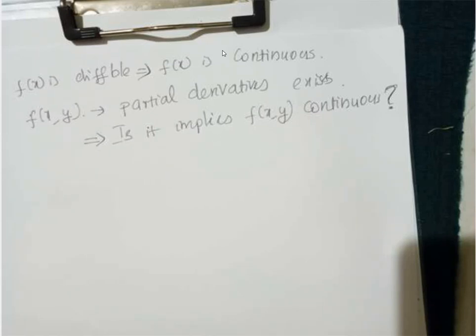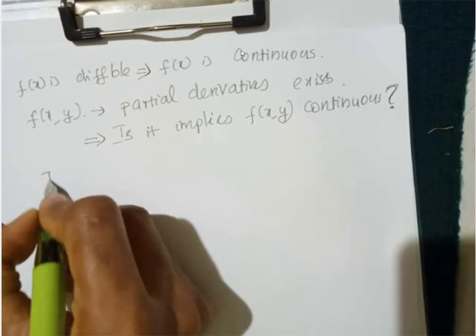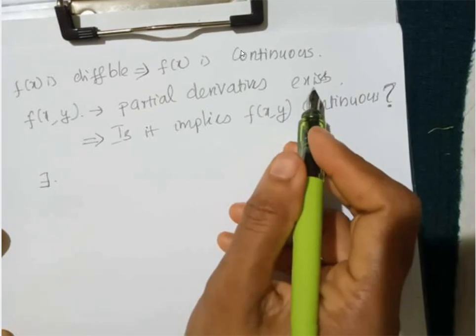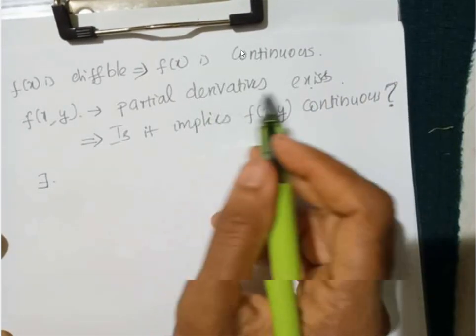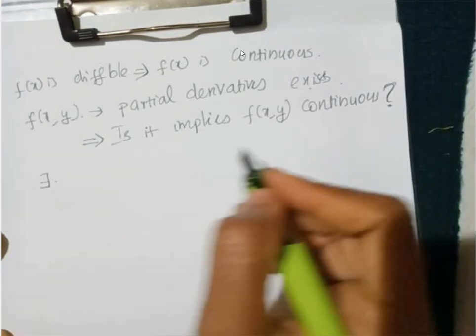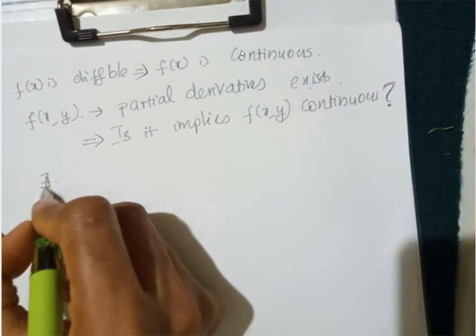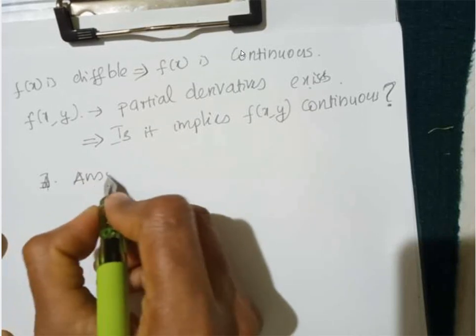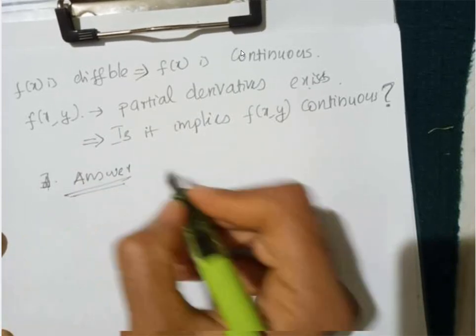There exist functions whose partial derivatives exist, but which are not continuous. That is, the answer is no. Does it imply that f is continuous? The answer is: need not be.